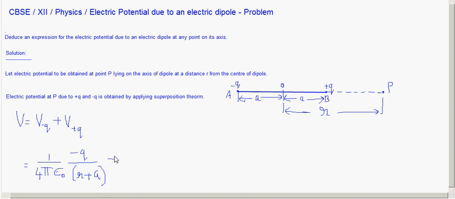Plus 1 by 4 pi epsilon naught into q divided by the distance between B and P, that is r minus a.